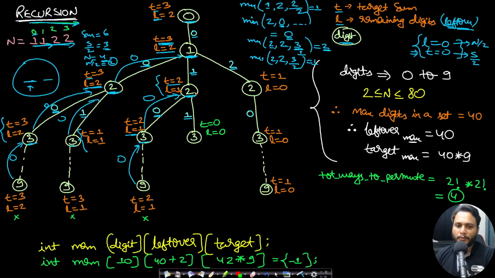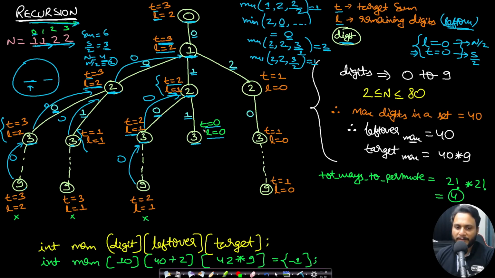Okay, now if I include 2 one time, then you see that the leftover will become 0 and the target is also becoming 0. Since they both become 0, at this node you know that you have hit a valid point. You have hit a valid arrangement.